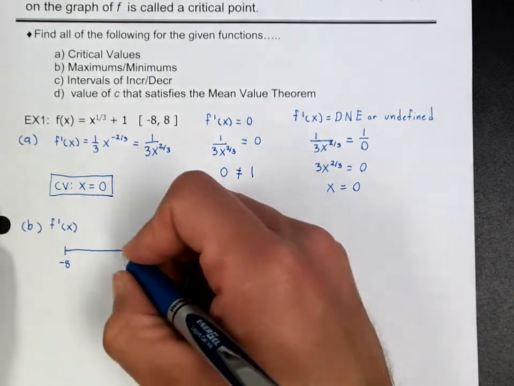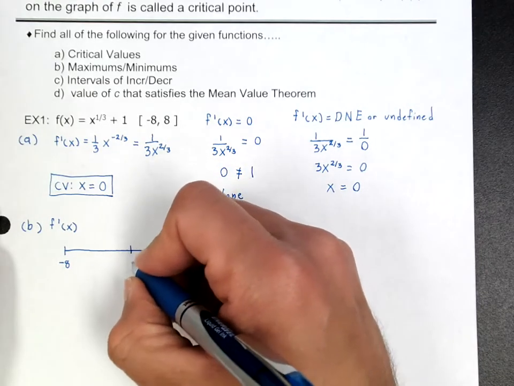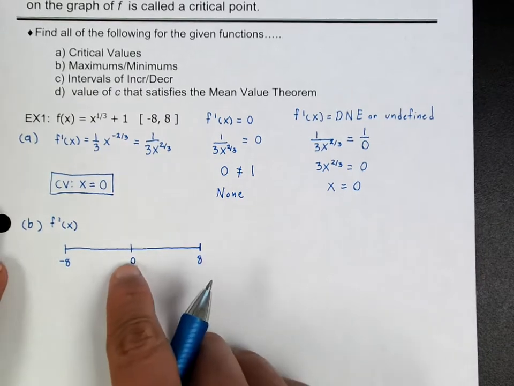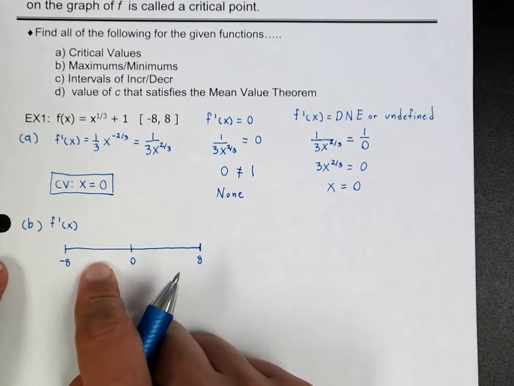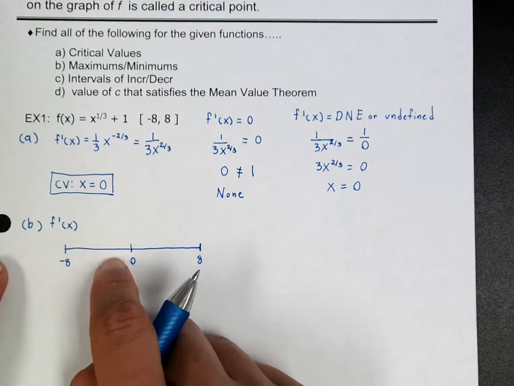I'm going to draw a line to do sign analysis. I'm going to put all my critical values into this number line. Now I want to choose a point to the left of 0 and figure out if that value, when I plug it into the derivative, is equal to a positive value or a negative value.